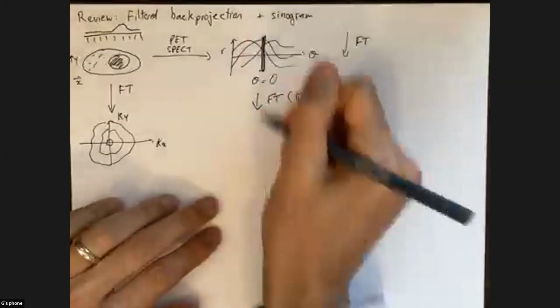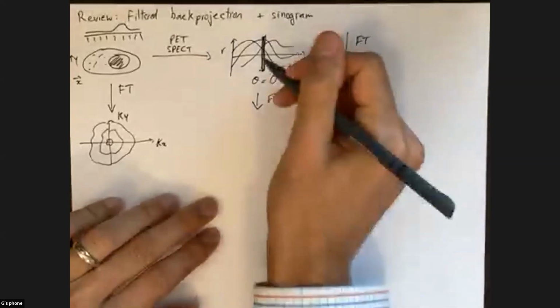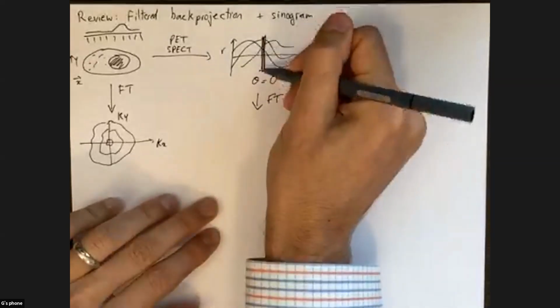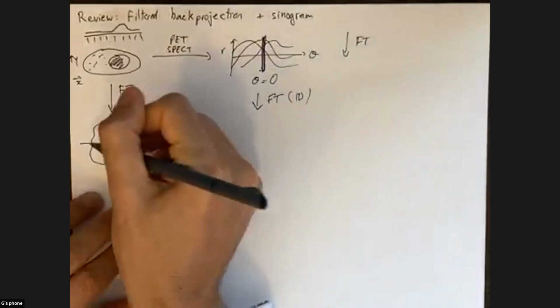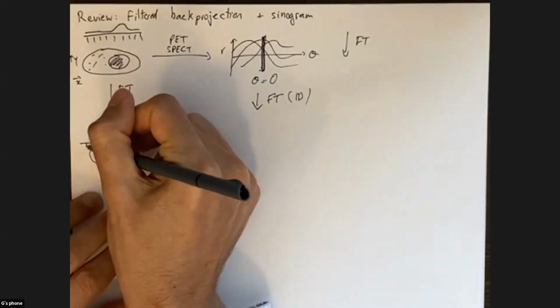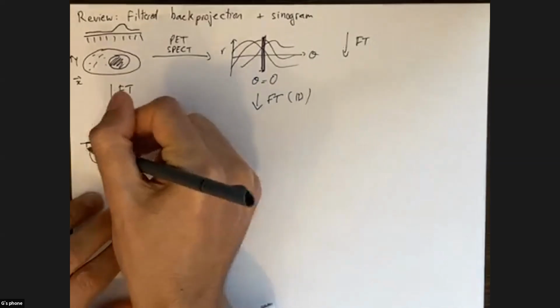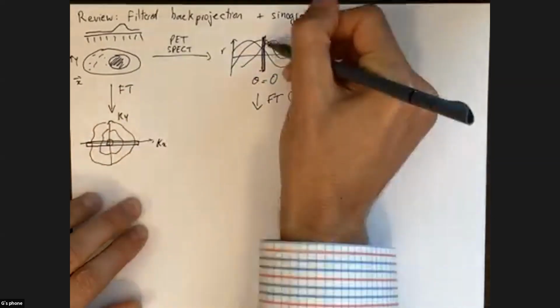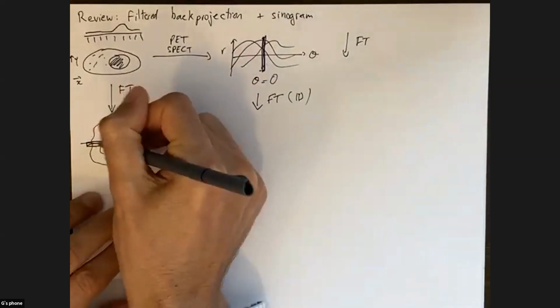By taking a Fourier transform of the sinogram, each of these rows corresponds to a line in the frequency spectrum of the image. So this black line I showed you here is going to be this line here.